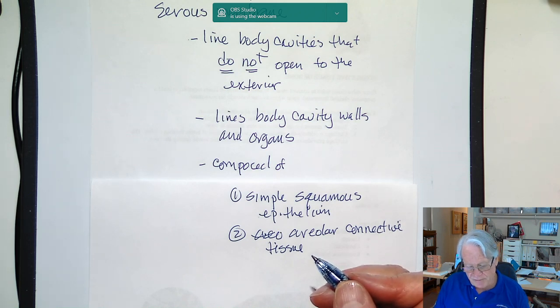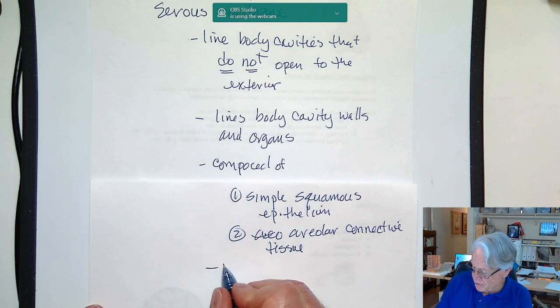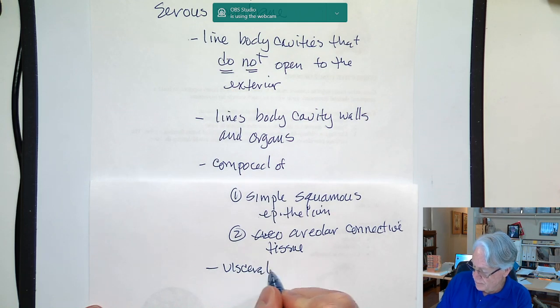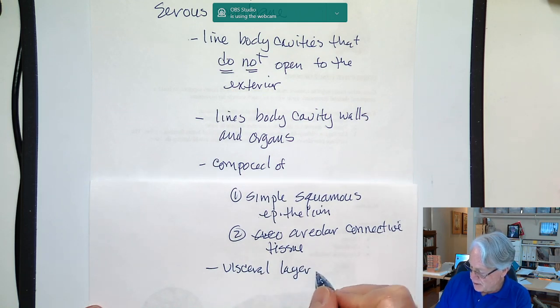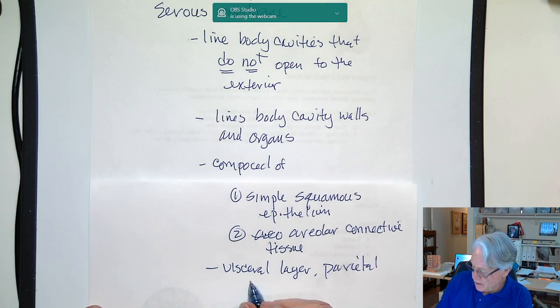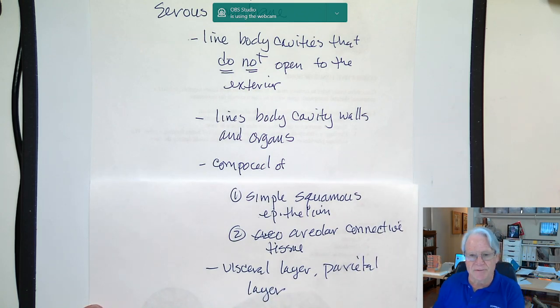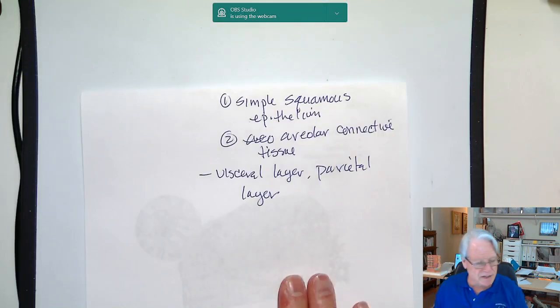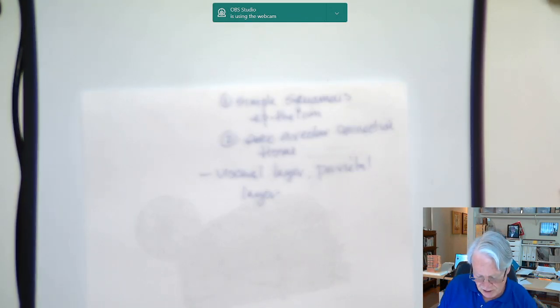I've talked about this before. It has a visceral layer and a parietal layer. And those take on different names in different parts of the body. And you should know those names.